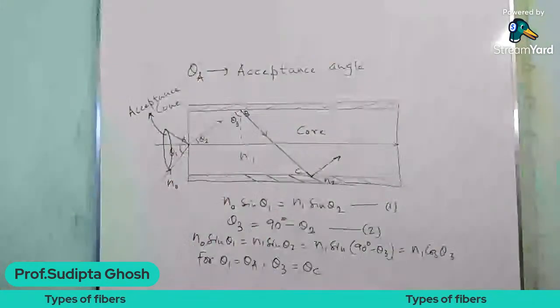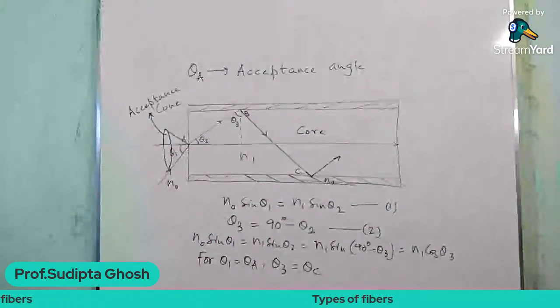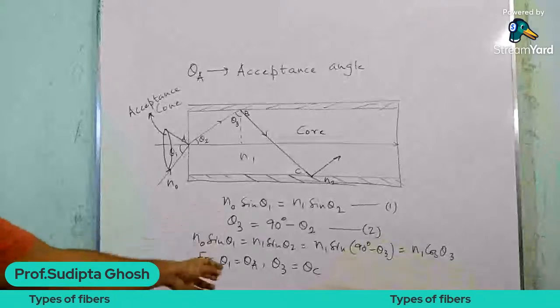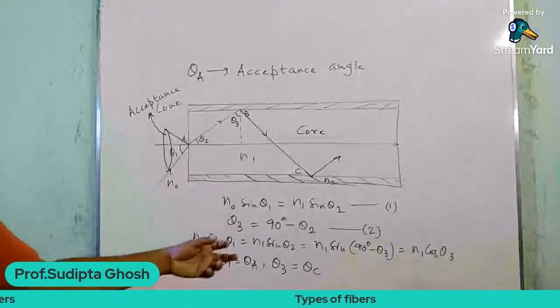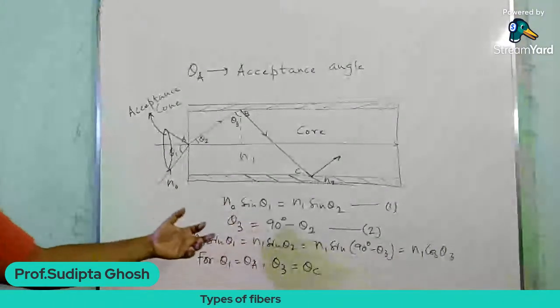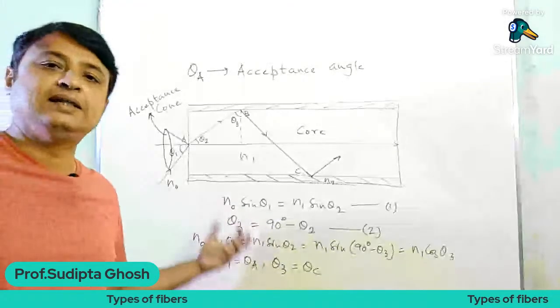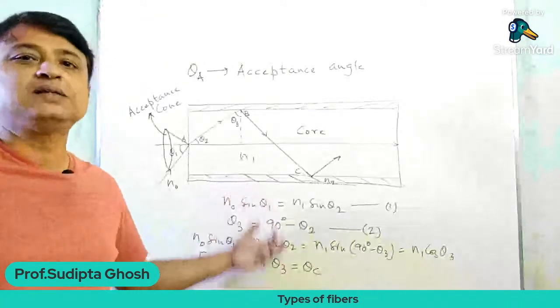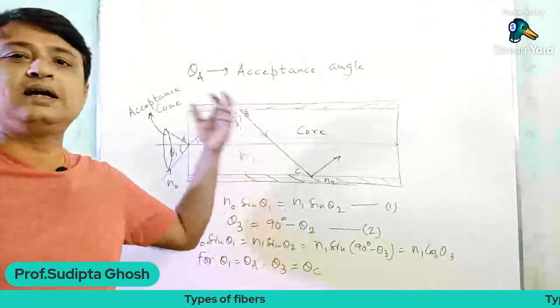So as I have considered theta 1 equals theta A, and theta A, as I have told, is the acceptance angle and it is the maximum value of the incident angle theta 1 for which the light ray must have total internal reflection.